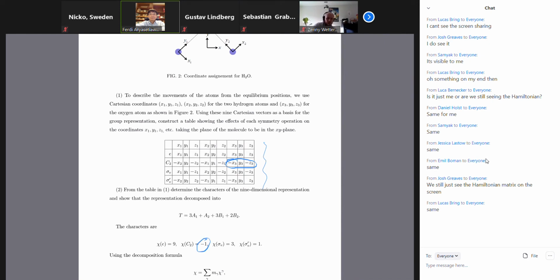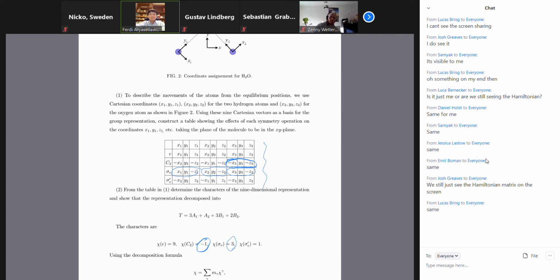And for the sigma V, all of them are brought to themselves. That's kind of clear because it's a reflection on the plane. The sum is 3, because we have 1 plus 1 plus 1 minus 1, so that's 1, and the same for the others, giving 3.